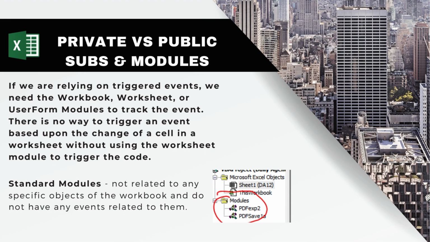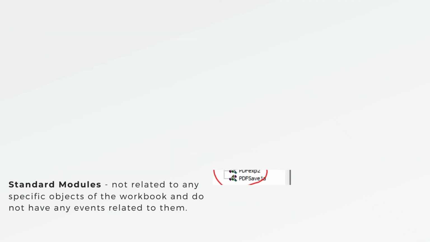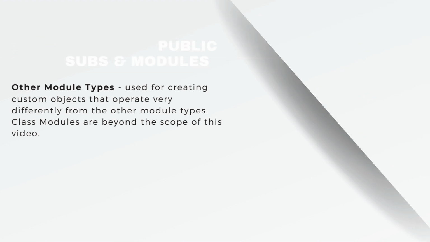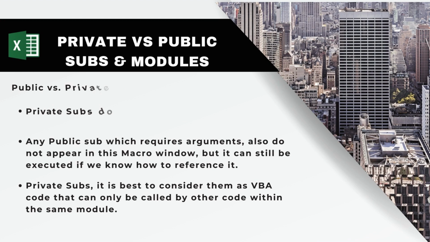Standard modules are not related to any specific objects of the workbook and do not have any events related to them, as you can see in the example there. Now we have the other module types, which are used for creating custom objects that operate very differently from other module types. Class modules are beyond the scope of this lesson.